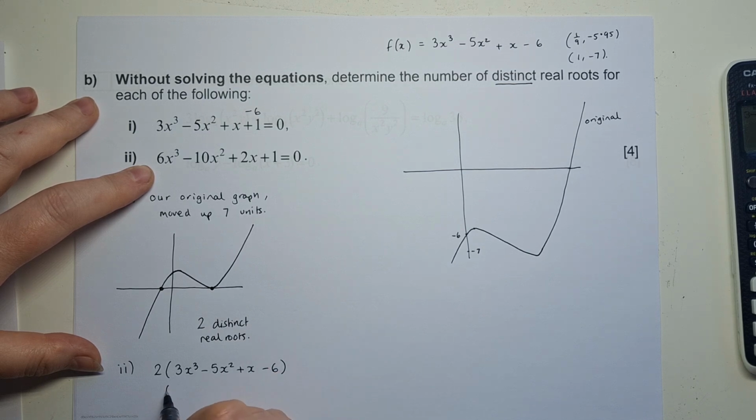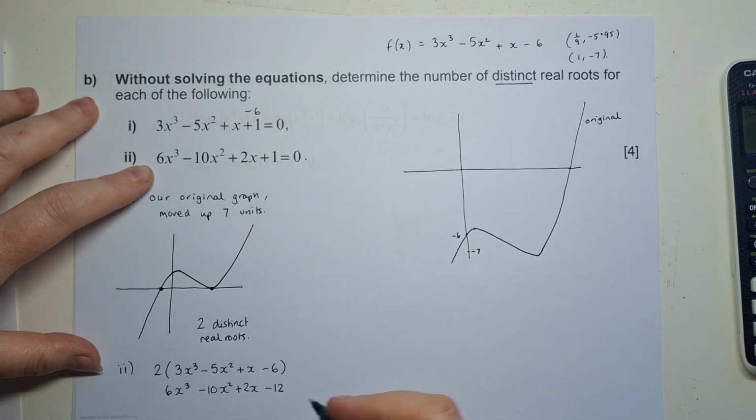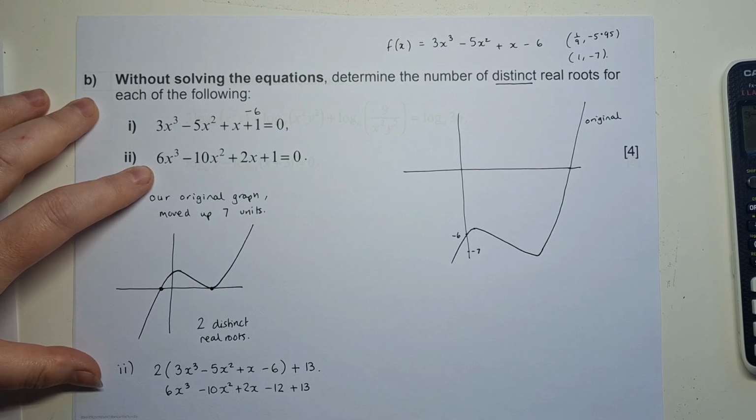That gives me 6x cubed minus 10x squared plus 2x, all that's fine, minus 12. But we want a plus 1. So actually what we need to do is add on 13. And then we get to our graph with a plus 1 on the end.